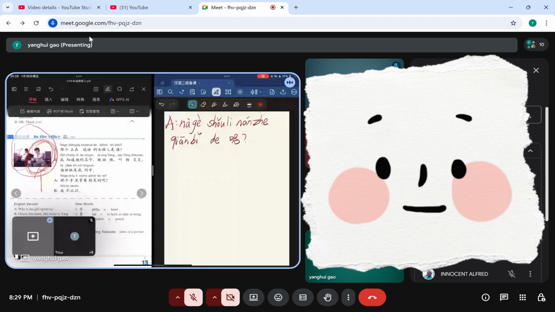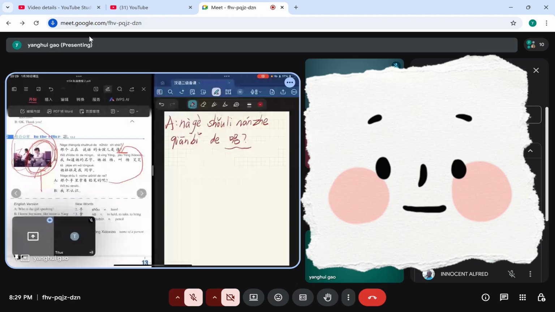If we make the sentence more complete, this question is the same question as this one. We use 呢 to shorten the question sentence.